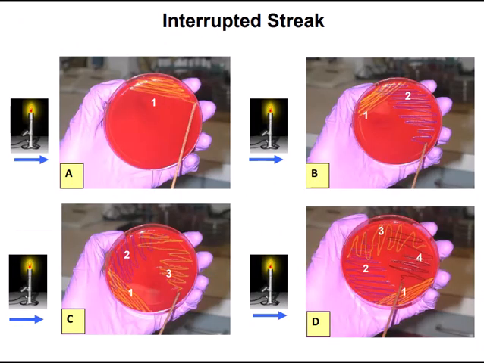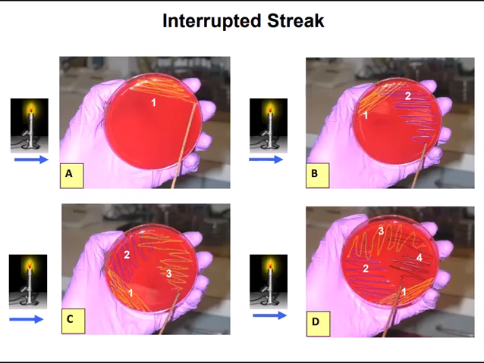Now let's look at the step-by-step interrupted streaking process. At first, we're going to sterilize our loop by heating it with a Bunsen burner. And then we are going to dip the loop in the bacterial sample. Streaking is done in one small area of the plate.